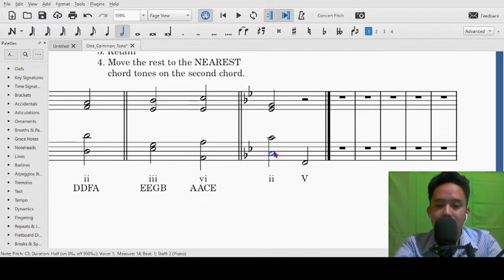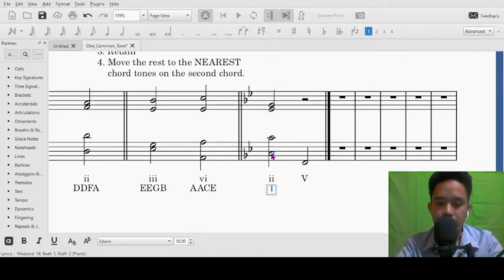We are in the key of B flat, since there are two flats in the key signature. In this case, this is C minor. So let's make a checklist.